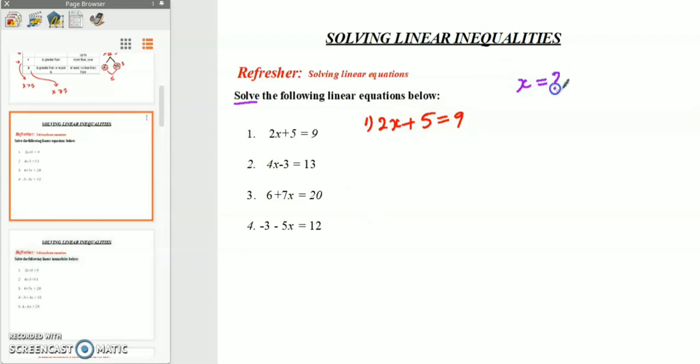So x is a certain value, and whatever that value is, if you substitute it in the equation where x is and carry out this operation, then you would end up with 9. So in this case, that value would make the equation true. Right? So let's explore how we'll actually go about solving for this.